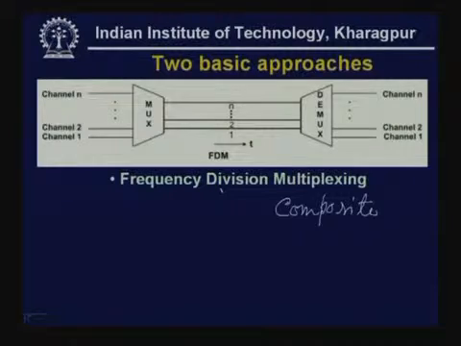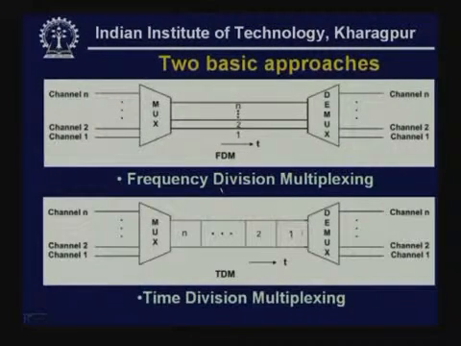The second approach is time division multiplexing. Here the signals are sent in such a way that in different time slots we send the signal from channel 1, then from channel 2, then channel 3, and so on up to n, and this is repeated. So, in time division multiplexing, signals are multiplexed in terms of time.